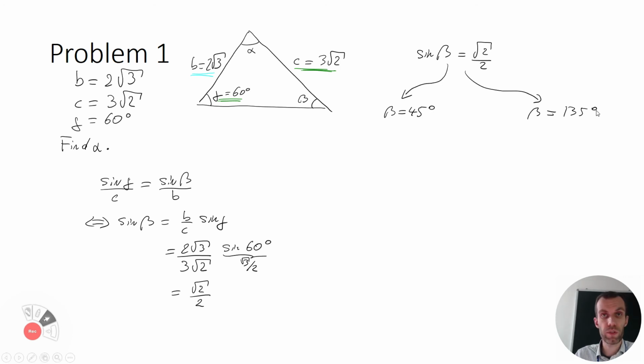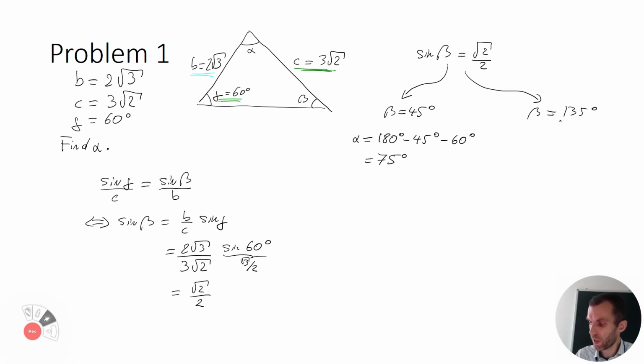Both of those have sine value equal to square root of 2 divided by 2. If you stick with beta is 45, then what does it tell you about alpha? Well, alpha is 180 minus 45 minus 60. So alpha is equal to 75.